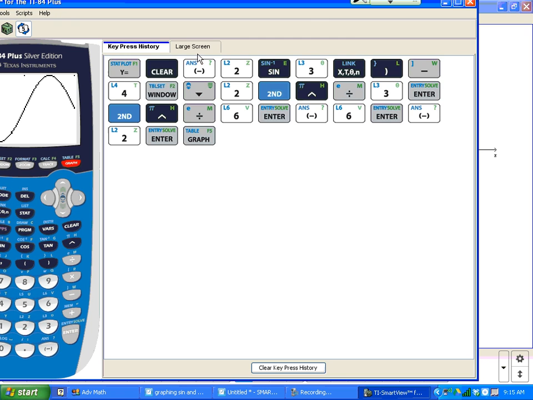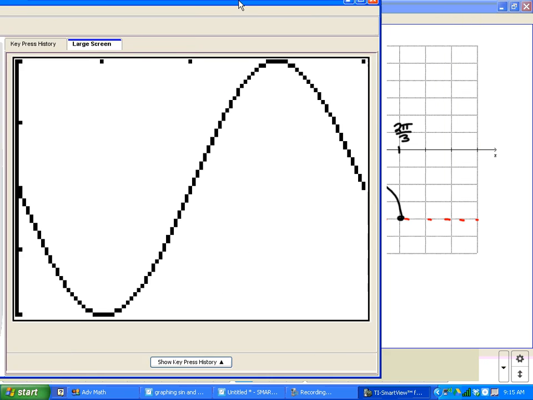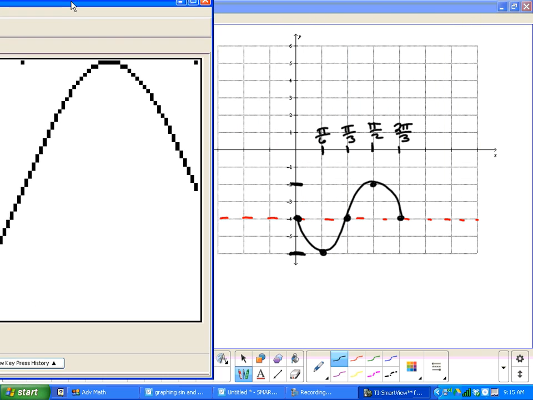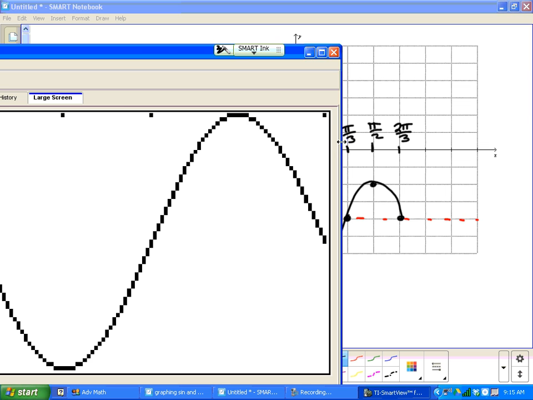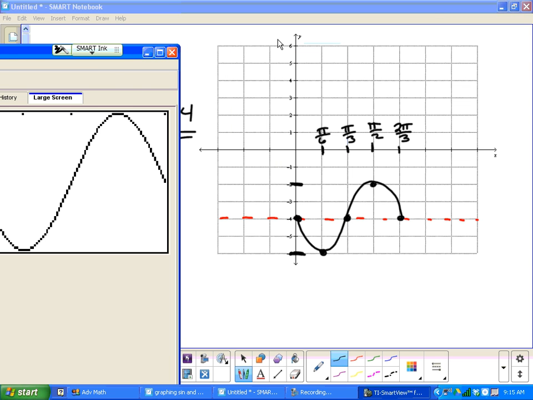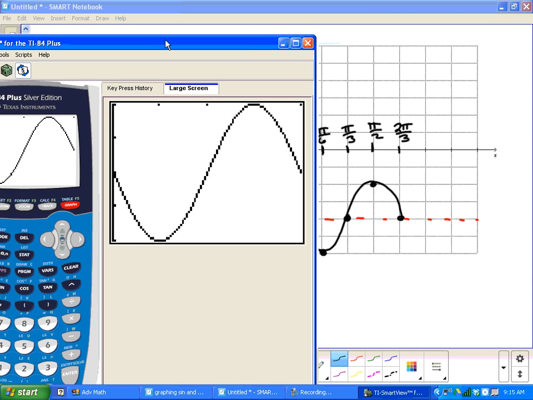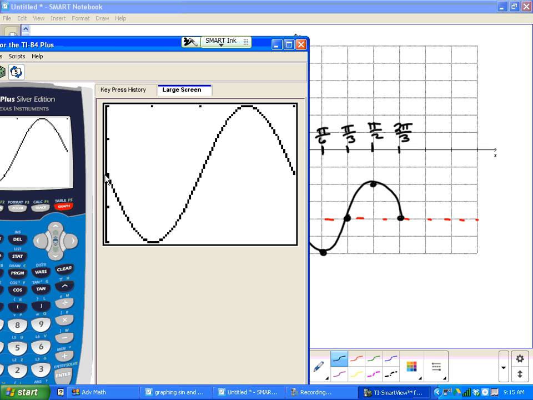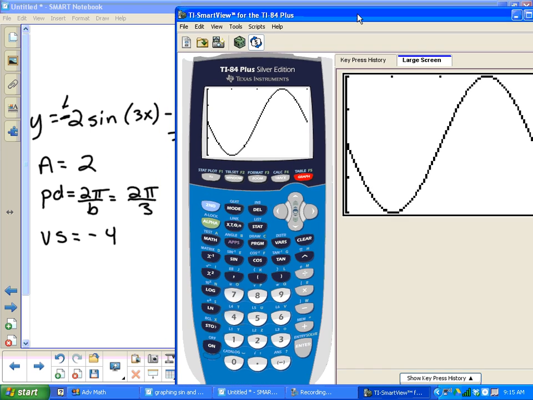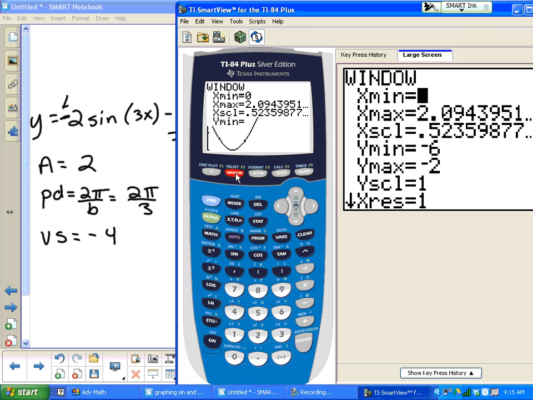Okay, let's do this. All right, is that pretty much what I had there? Yeah. Let's notice, that's like what, -4? It's going down 2 and up 2. If I really wanted to see it better, let me think about it this way. Let's let the y min be 0 so I can see the x-axis.